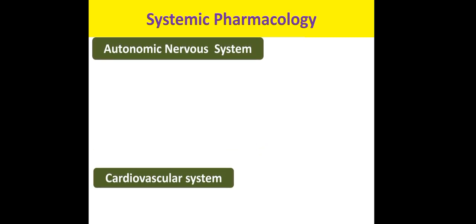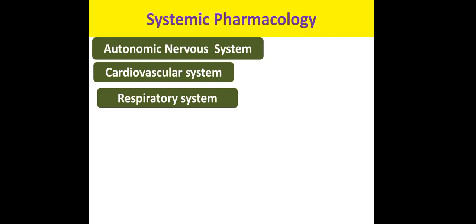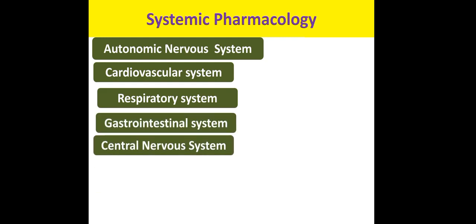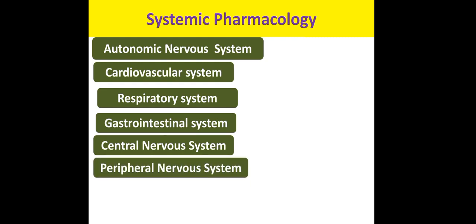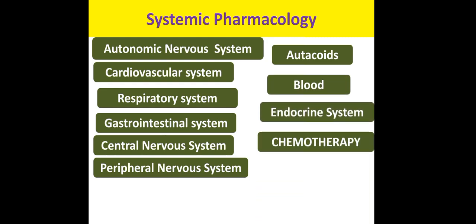You all know the systems; I am just revising: autonomic nervous system, cardiovascular system, respiratory system, gastrointestinal system, central nervous system, and peripheral nervous system, autacoids, blood, endocrine system, and yes, a major chunk.